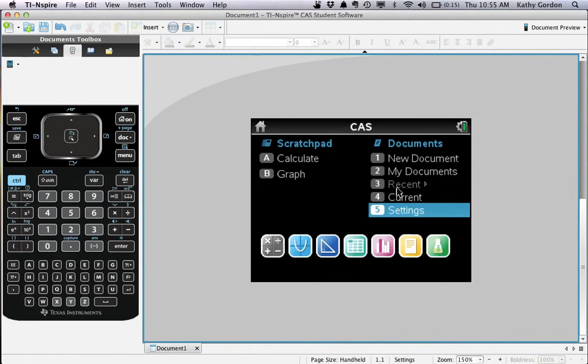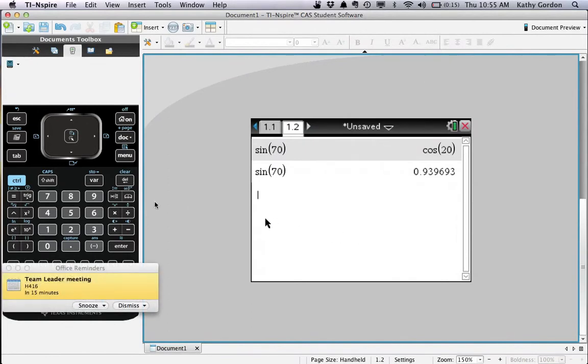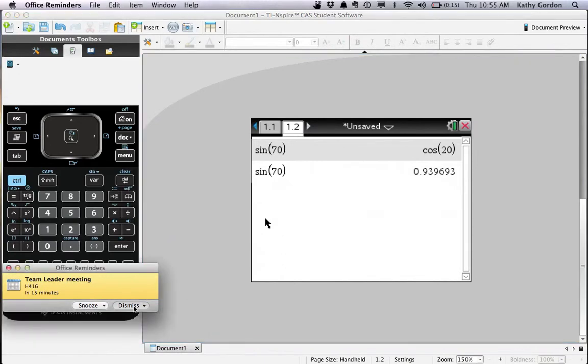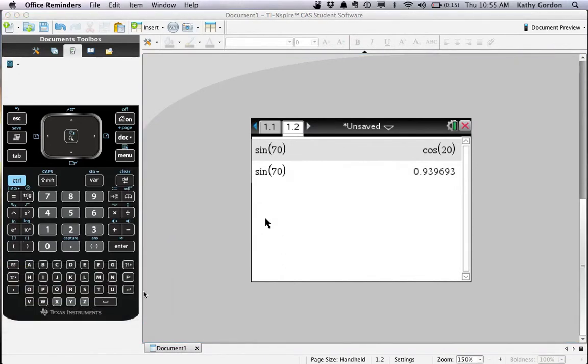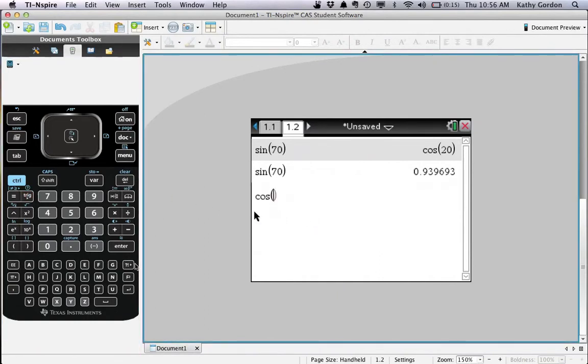Okay, and so now if I go back to where I was, let's say I want the cosine of pi over 5. So again, I go to my trig button, I choose cosine, and because I already have it in radian mode, I just need to do pi over 5.